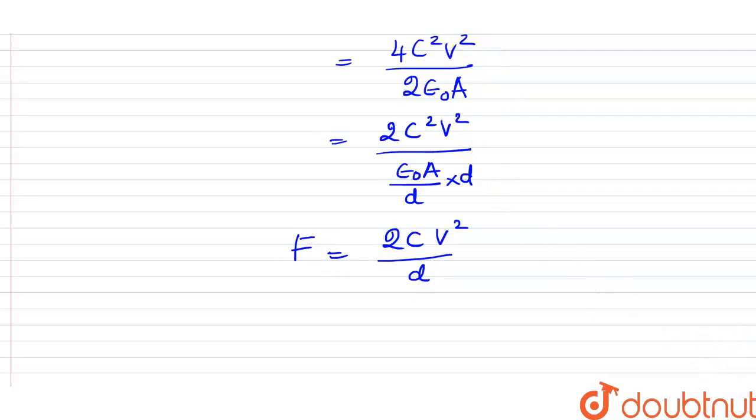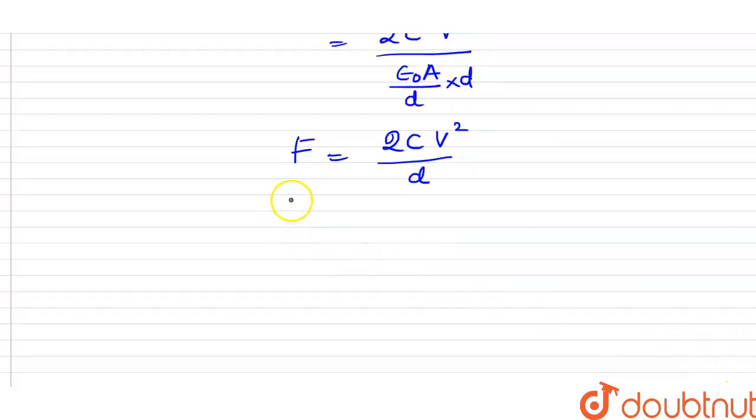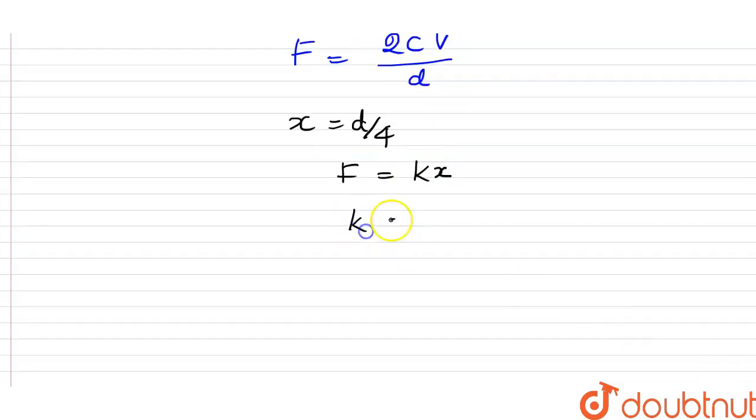Next we will write the stretch. For one spring, the stretch x is equal to D by 4. The distance becomes a quarter when the spring stretches. The formula is F is equal to kx. We want to find the spring constant k, that is k is equal to F by x.